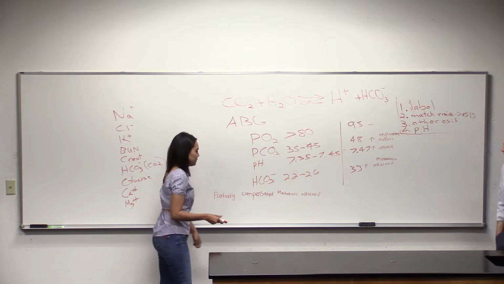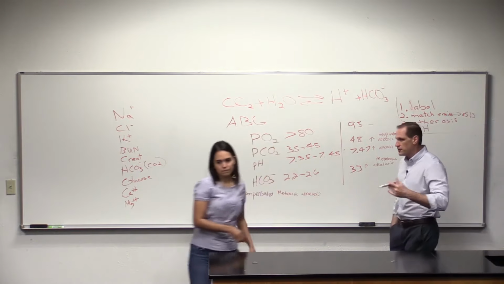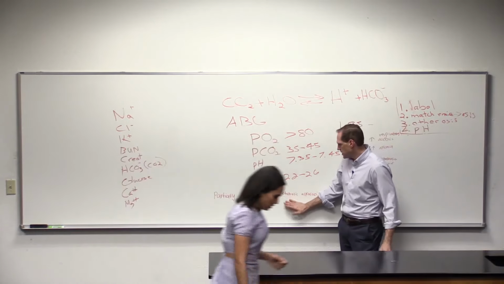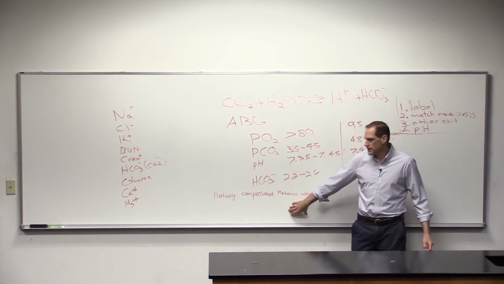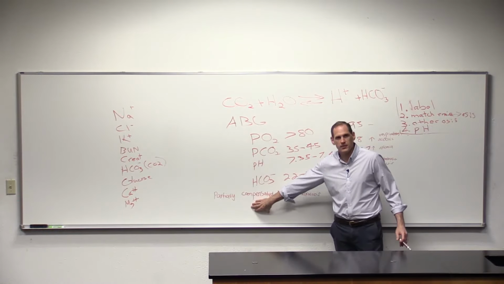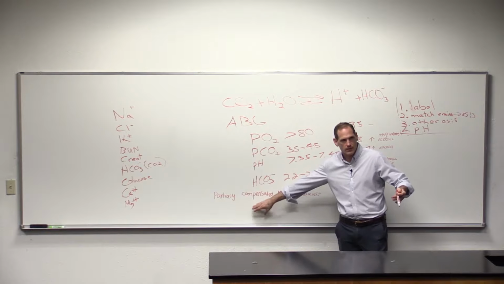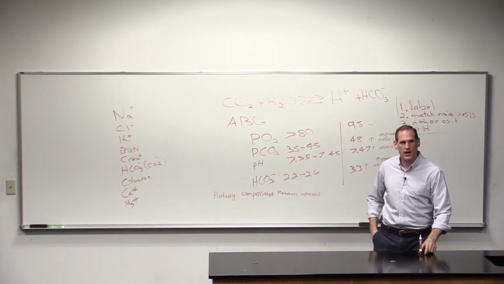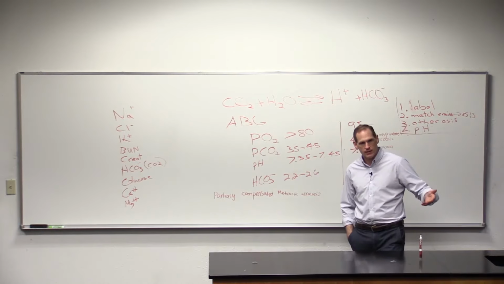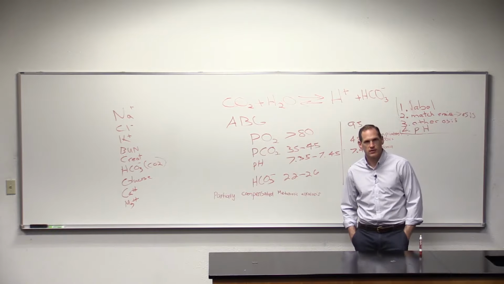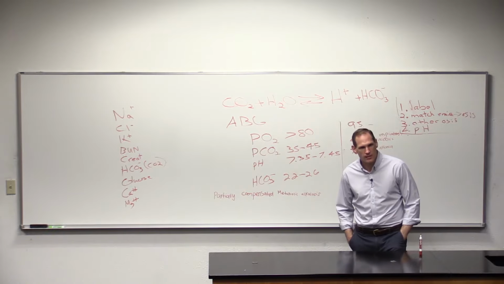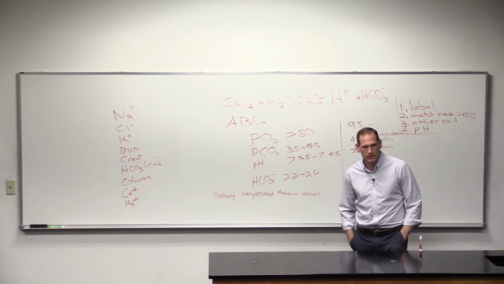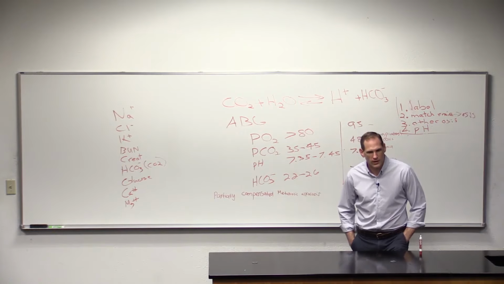All right, so the underlying problem in this case is a metabolic problem, and our lungs are compensating, but only partially. So what sort of problem could cause a metabolic alkalosis? Probably the most common one would be vomiting. What is your stomach acid made of?